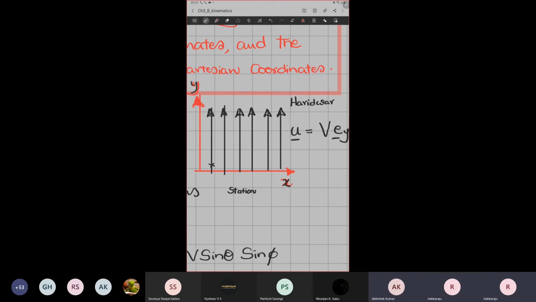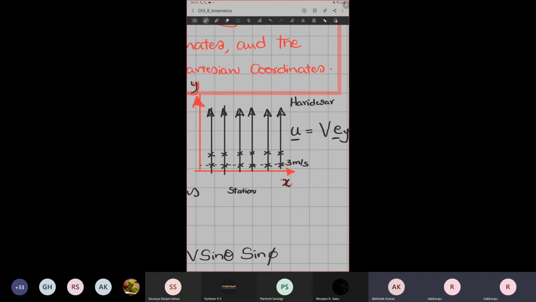Throughout, it is something like 3 meter per second, throughout that width. Maybe from Rishikesh all the way to Haridwar it is going. Everywhere you look at it, it is 3 meter per second. It doesn't depend on which y location you are looking at.